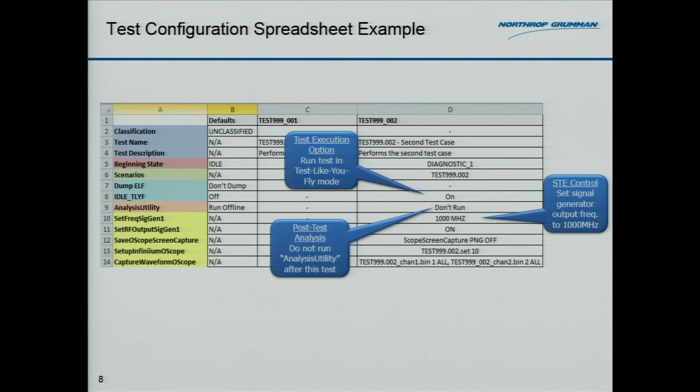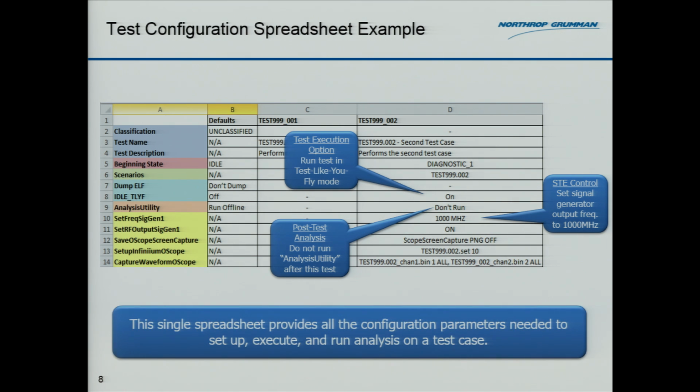Going back to the point of efficiency, if a test developer needs to add a new test case, all it takes is adding a new column in this spreadsheet. They already inherit the defaults, so they just reset the parameters for whatever they need for that specific test case. So if they don't know Tickle or they're not code savvy, it doesn't matter because all they need to do is modify an Excel spreadsheet.